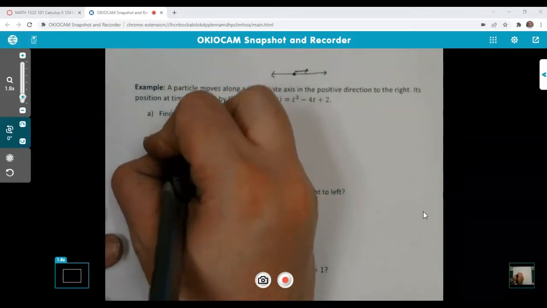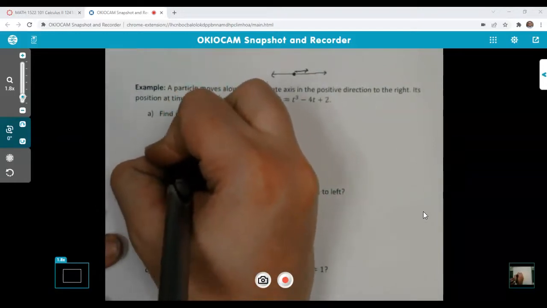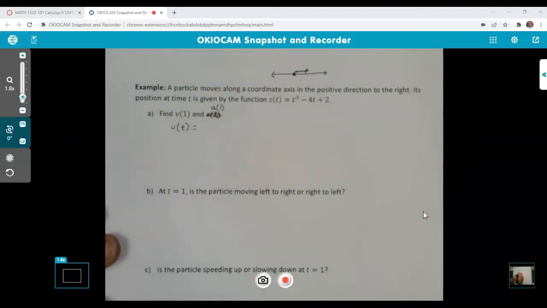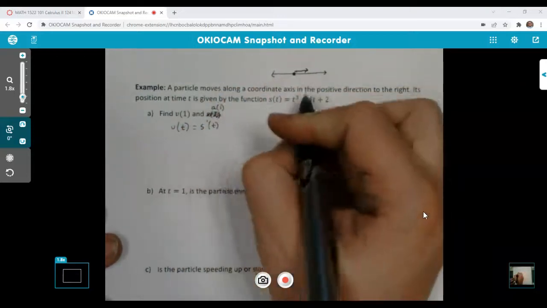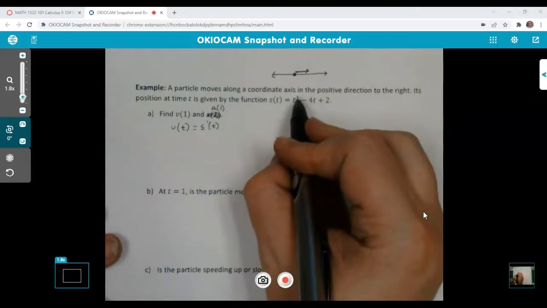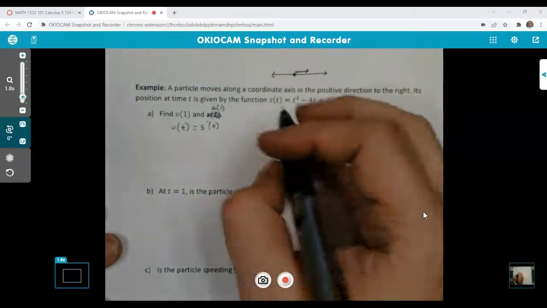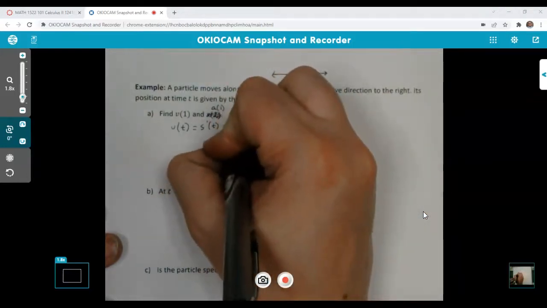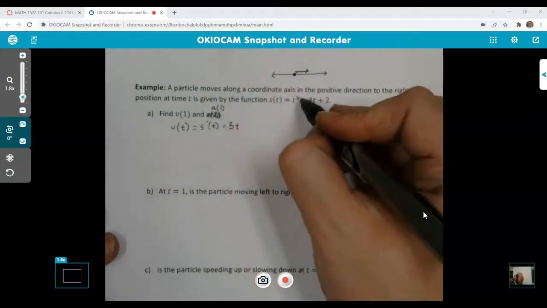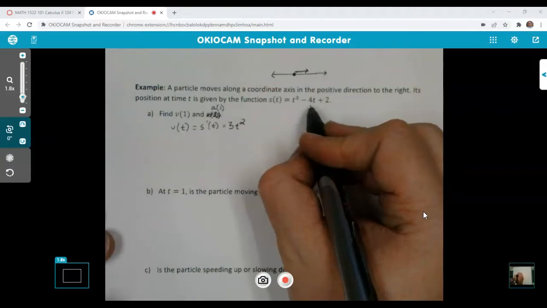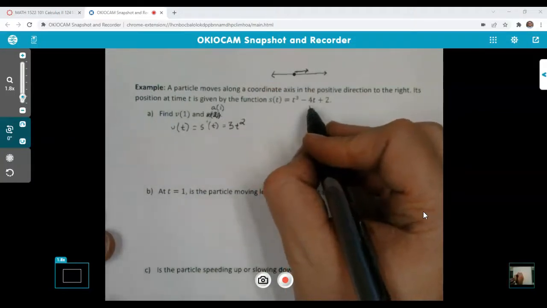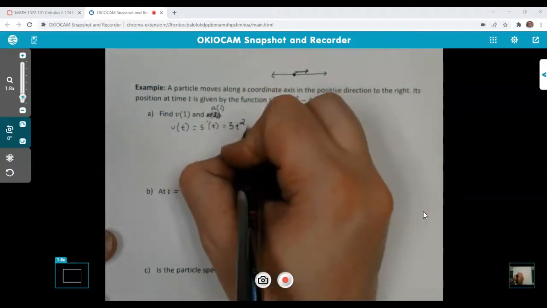So to find v of 1, I first need to know what v of t is. Remember, v of t is just s prime of t. So I need to take the derivative of this guy. So bring my 3 down, bring the 3 out front. That makes it 3. Decrease my power by 1. It was 3, so now it's 2. 3t squared. Derivative of negative 4t is negative 4.